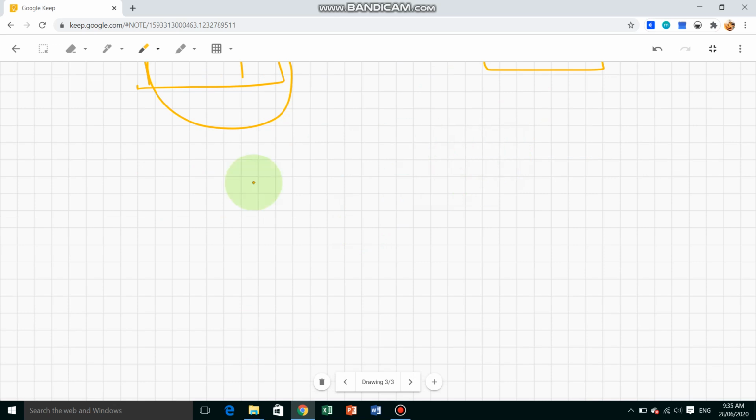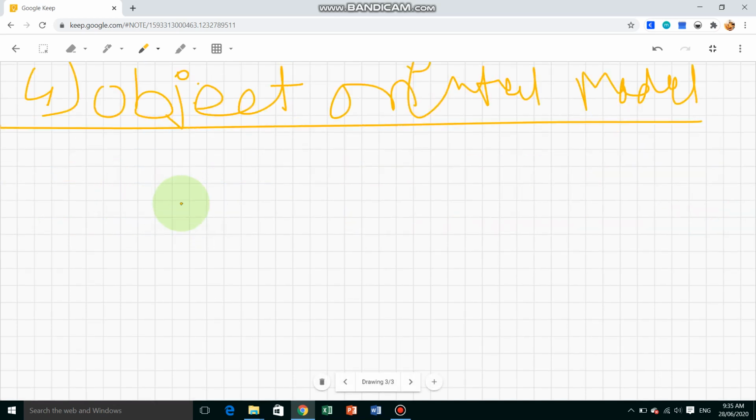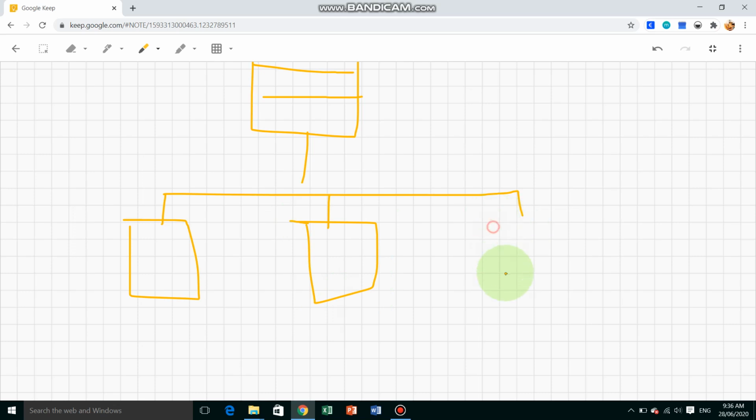And the fourth one is the object oriented model. In the object oriented model, suppose we have a table, and this table has three different tables.